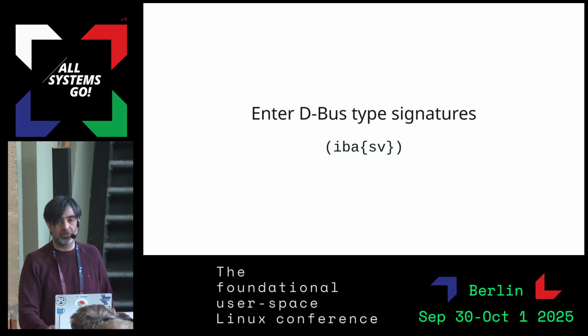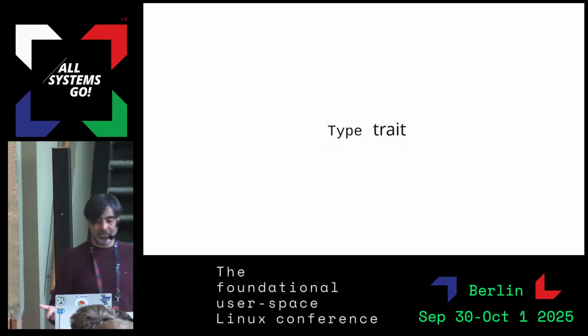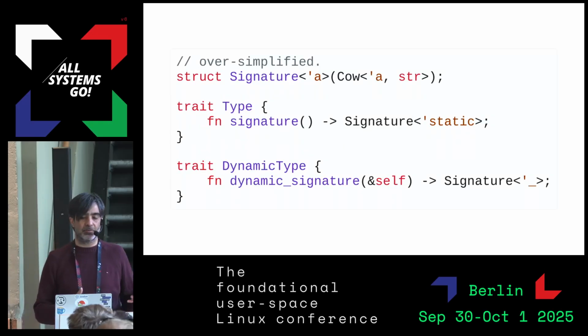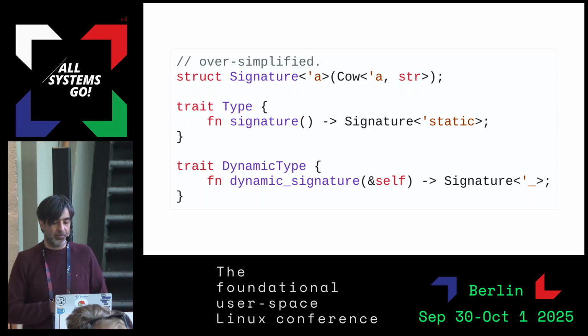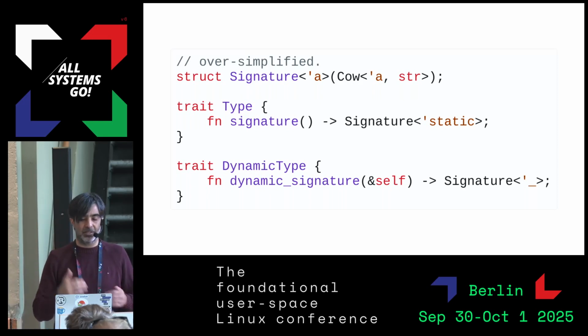All the types that are encodable by D-Bus are describable. So I came up with the idea of a type crate that specifies, for each type that you want to encode and decode, in addition to implementing Serialize and/or Deserialize, you also implement another trait called Type, which gives us the signature. So our serializer and deserializer know what type is being encoded at any specific time.